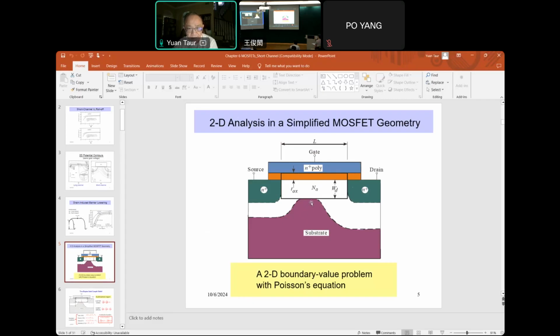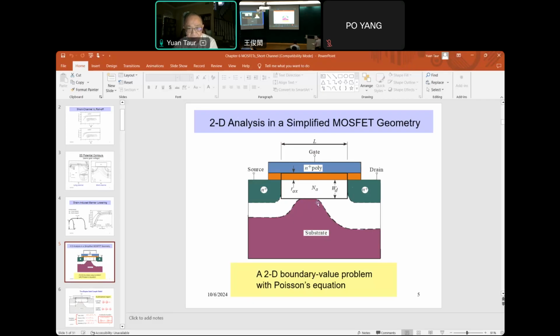The top, of course, is the gate. The bottom, we follow the depletion width here, the gate depletion width.